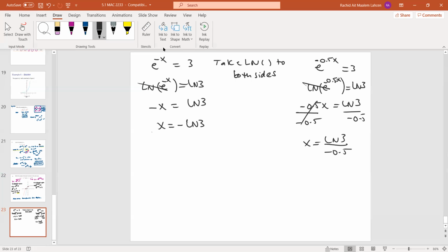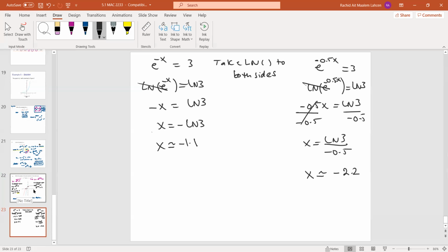So now you can do an approximation using a calculator. You do natural log of 3 and you get about negative 1.1. And for this one, the x-intercept, you do natural log of 3 divided by 0.5, and you get about 2.2.